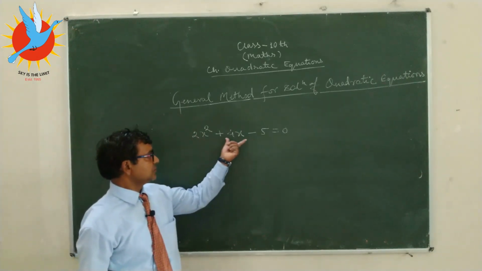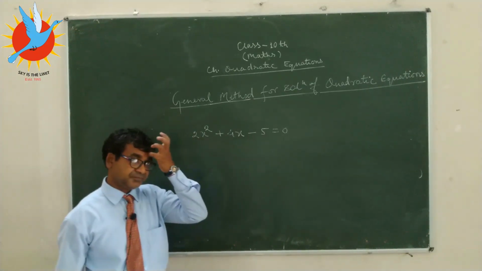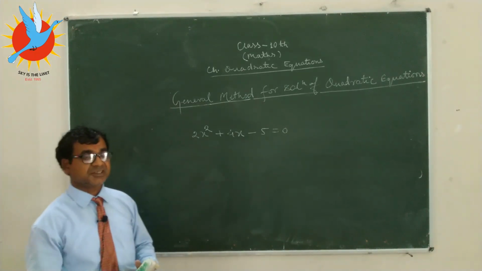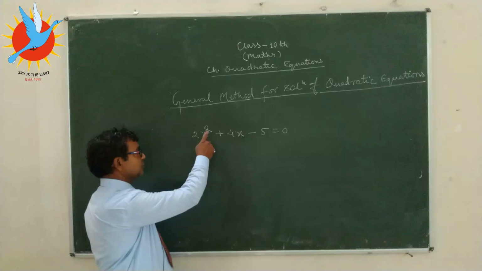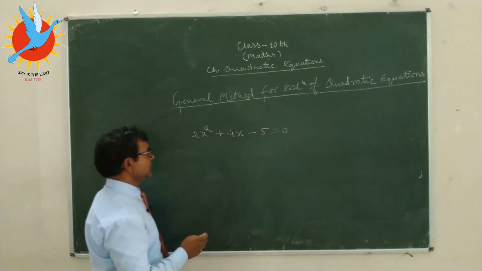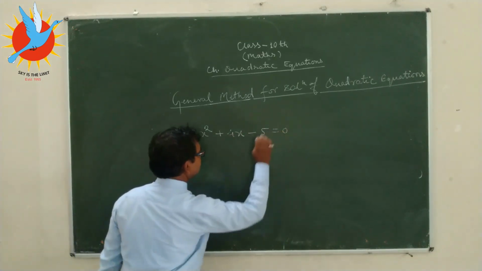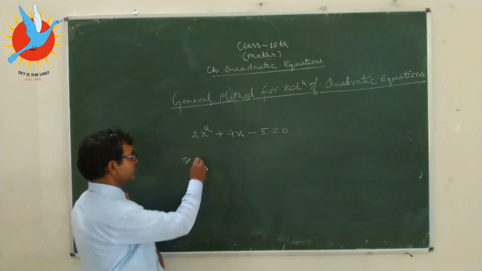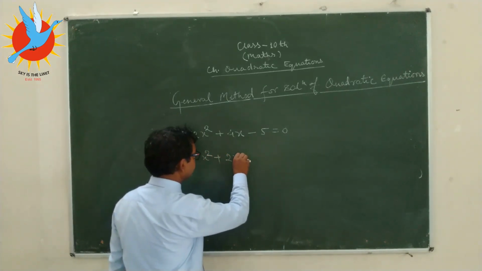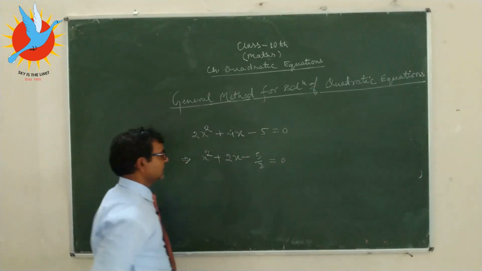Now to convert this equation into a quadratic equation in which the coefficient of x square becomes 1, we have to divide this by 2. After dividing the entire equation by 2, we have x square plus 2x minus 5 by 2 equal to 0.